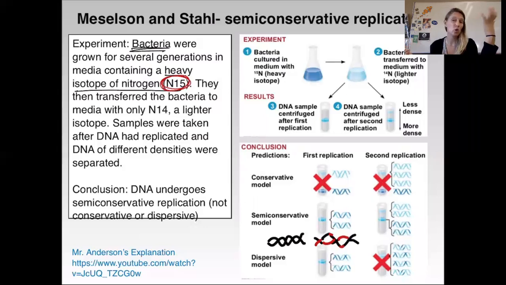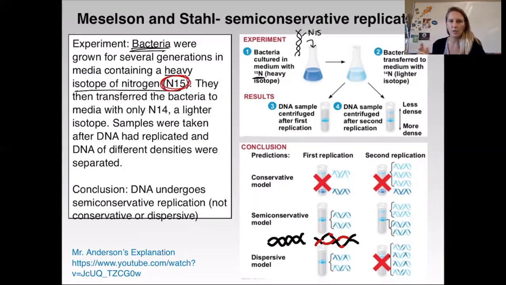Because DNA has nitrogenous bases, right? So it would have N15 incorporated into its original strands, right? So if we had N15 here in black, then every piece of DNA would have N15 inside of it, right? As it was growing in that original bacteria.